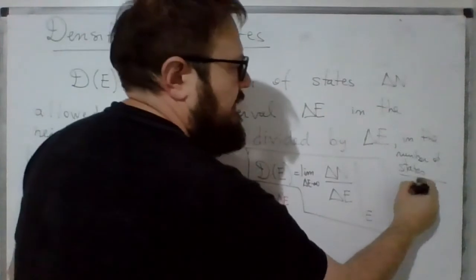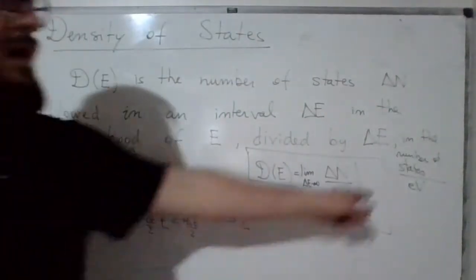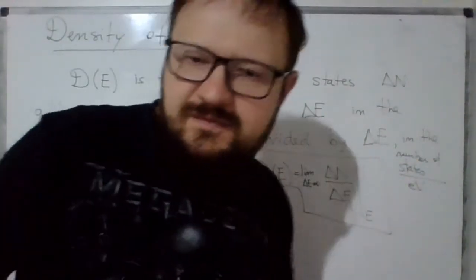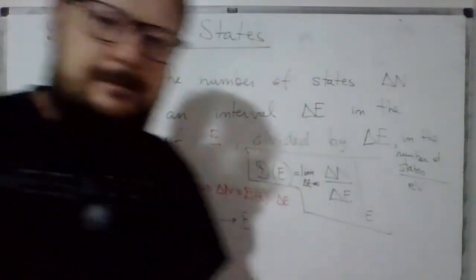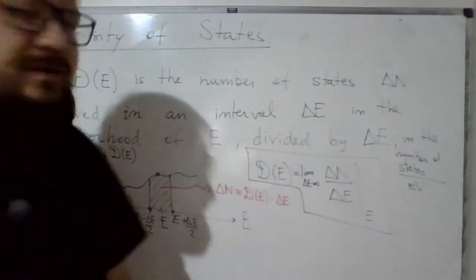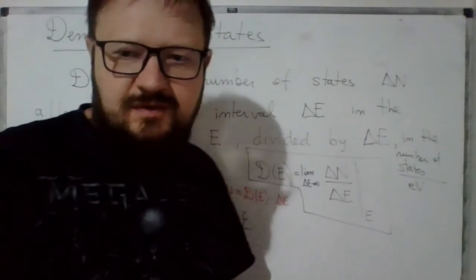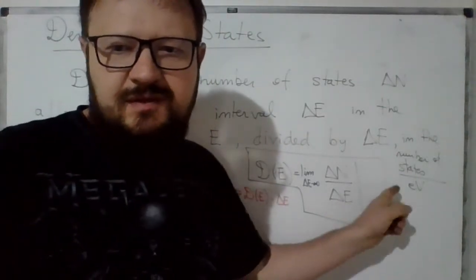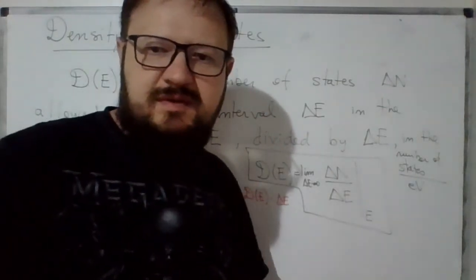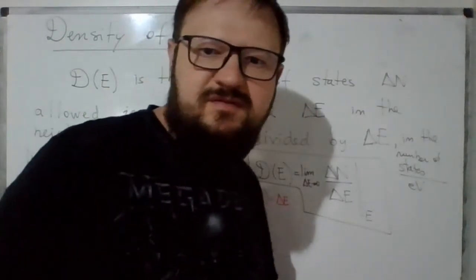It is measured in states, or number of states, over electron volts, or over joules if you are using the international system of units. Okay, so this is measured in states by electron volts, number of allowed states by electron volts.